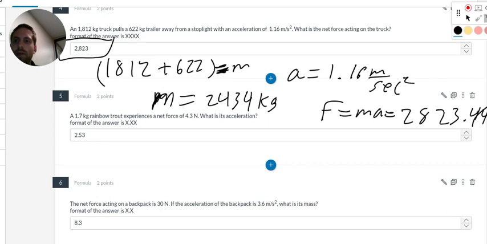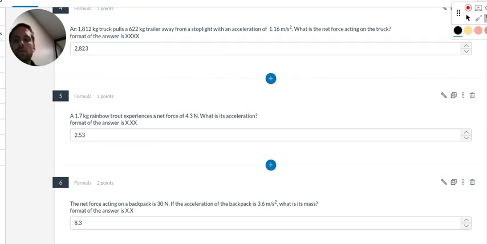Alright. So for number 5, if we want to use that triangle, we can, or just plug in the values.